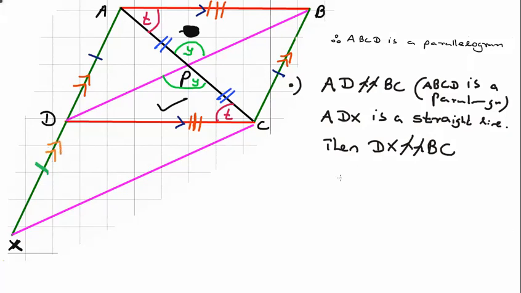And what's the other thing we can say? DX is equal to BC. Now, how did we put one bar here? Because we were told D is the midpoint of AX. All right. So what do we write?